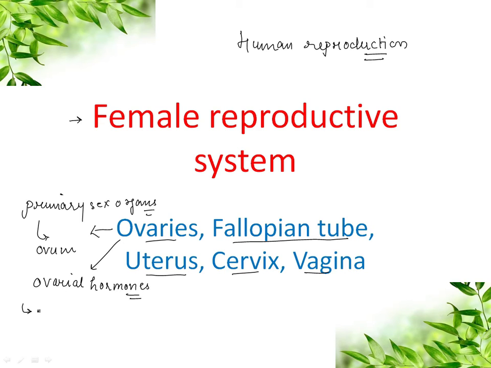Each ovary is 2 to 4 centimeter in length. Each ovary is covered by the epithelium, and the ovary is connected to the pelvic wall and uterus by ligaments.